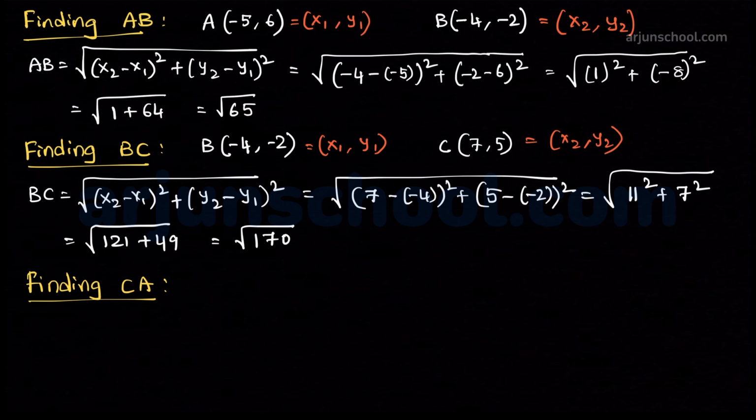Now let us find the length of the side CA. Let us consider vertex C as point (x1, y1) and vertex A as (x2, y2).